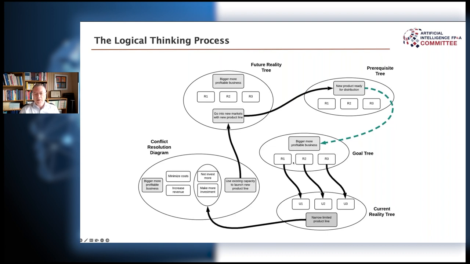Then we look at those factors and ask, are we achieving this? And if we're not, we do root cause analysis of what's preventing us from achieving those factors.